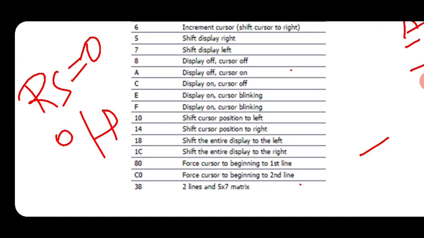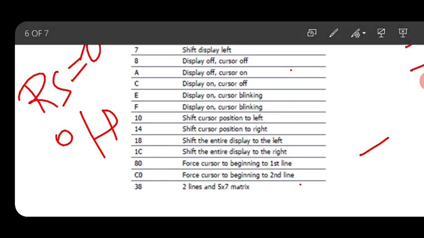To force the cursor to the beginning of the first line, if I send 80, it will force the display to the first line. C0 forces the cursor to the beginning of the second line. As we know, there are 2 lines, meaning 2 rows. If you are pointing to the first row, first column, the first position, you need to send 80.